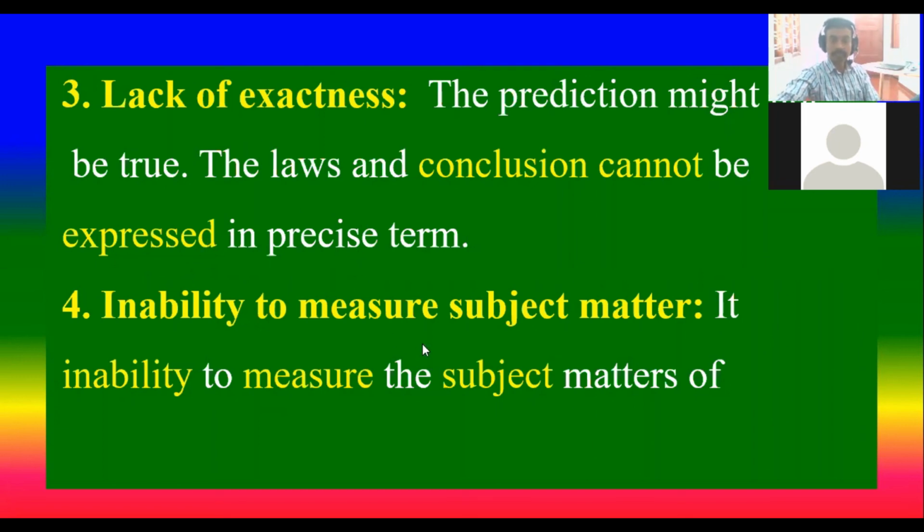Can they be measured? In science, we can measure everything: weight by kilogram, water by liters. But how do we measure a relationship? How do we measure people's interaction? It is impossible. So sociology is a social science.